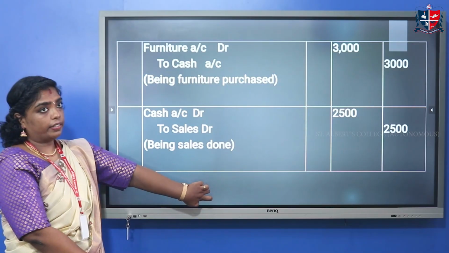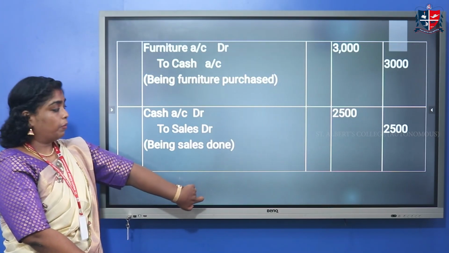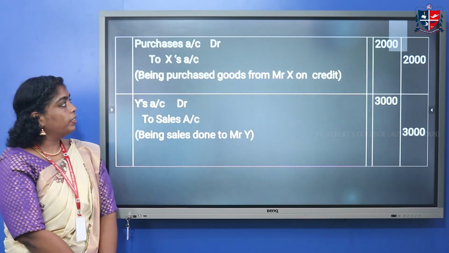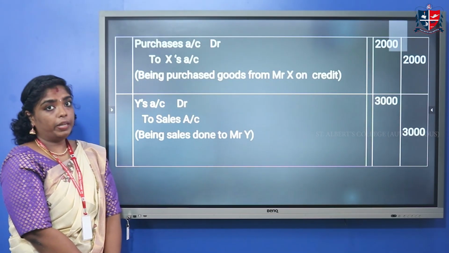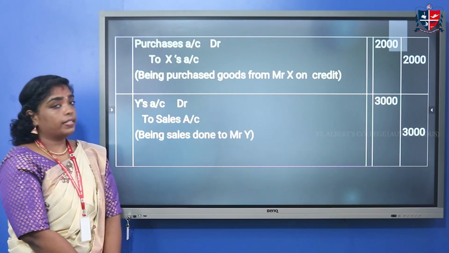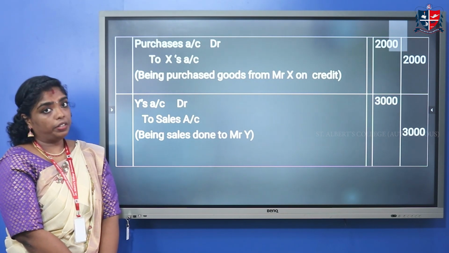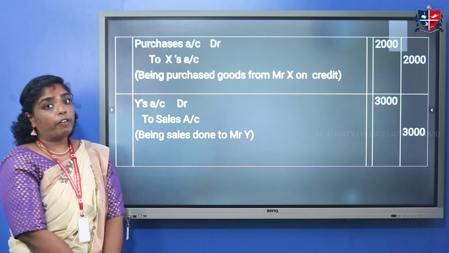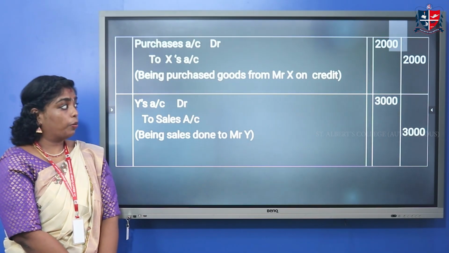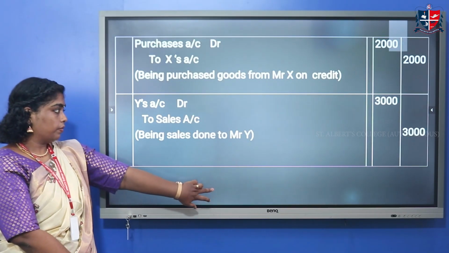And for the previous transaction, it was being furniture purchased. Next one is for purchasing goods from Mr. X on credit. Entry will be purchases account debited to Mr. X account, amount rupees 2,000 each. Next one, for the sales done to Mr. Y will be Y's account debited to sales account rupees 3,000 each.